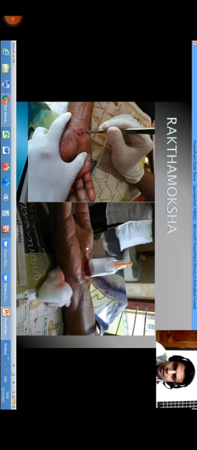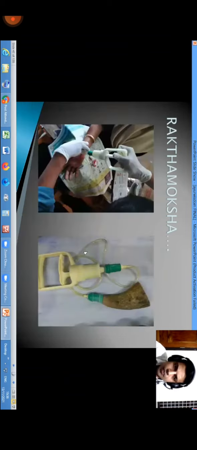And we can do Raktamokshana by cupping. Also, at this point, we can do Agnikarma. For Raktamokshana, only one sitting is enough or two sittings. But considering Agnikarma, 3 or 4 sittings are required.